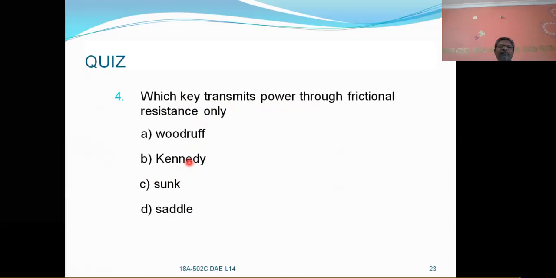Kennedy key is also different. And which is the right answer? Flat key. Saddle key. And saddle key is of two types, hollow saddle key and flat saddle key, and both are used for light loads. This is used when power is transmitted only due to friction between the key and the shaft.